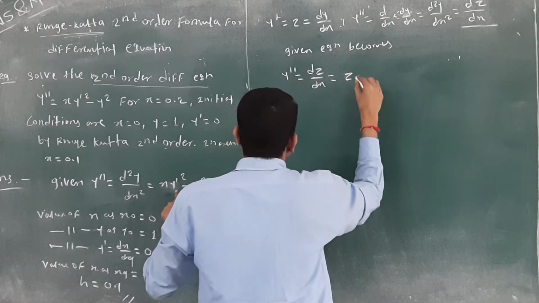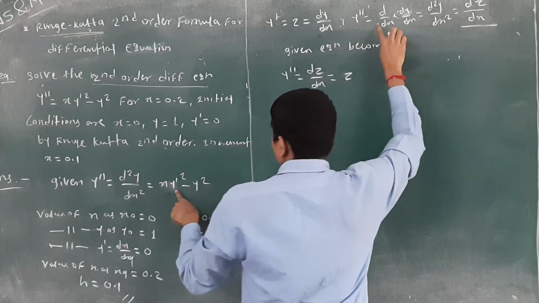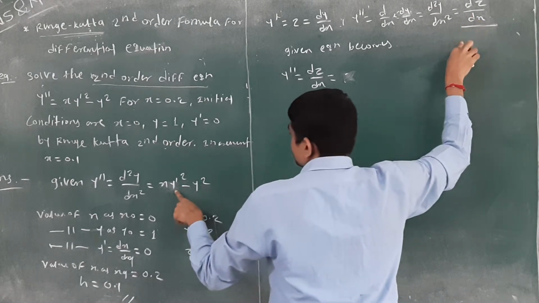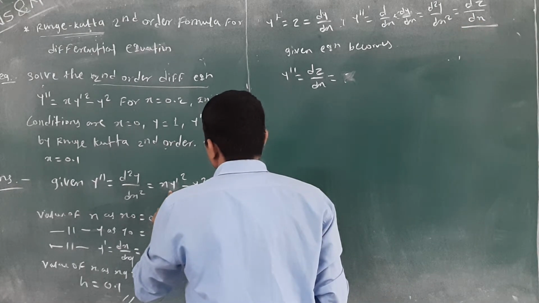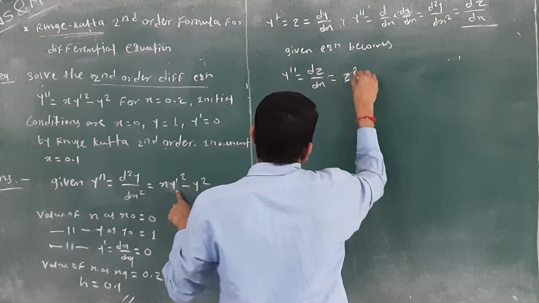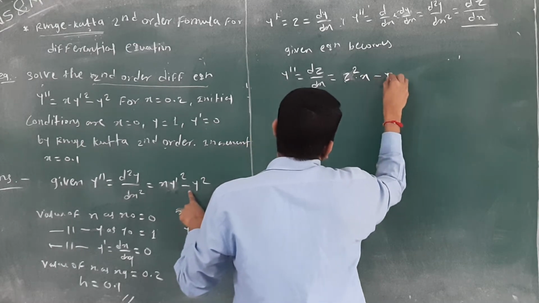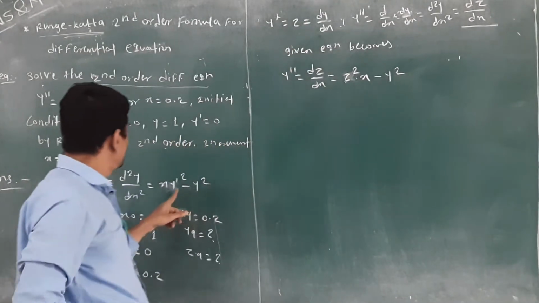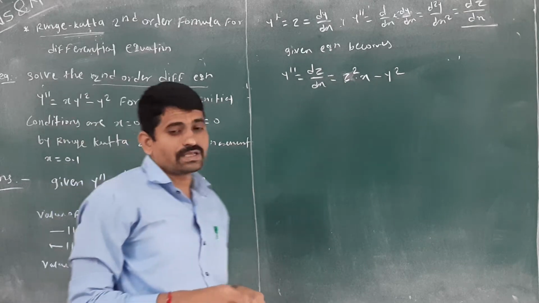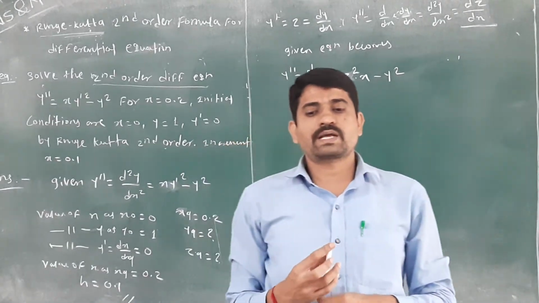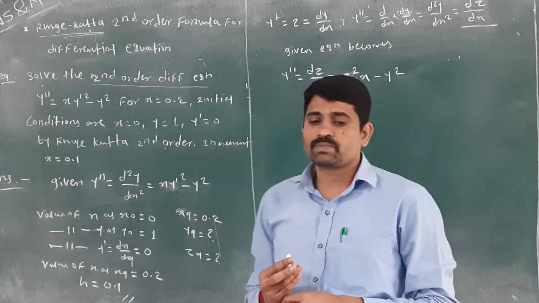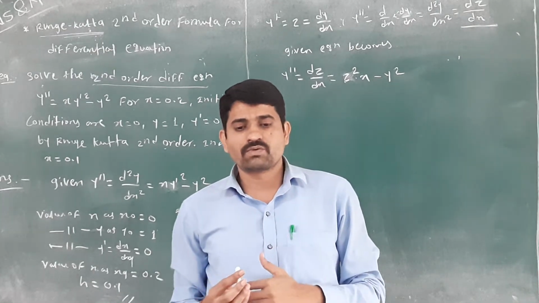Y double dash means dz by dx, and y dash square, y dash being nothing but z, so we write z square into x minus y square as it is. Here z is y dash, so you get x z square minus y square. Once you have got this equation, you have to use the regular steps.